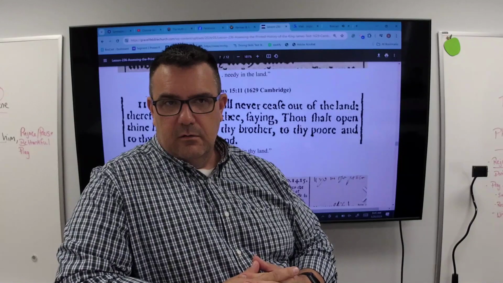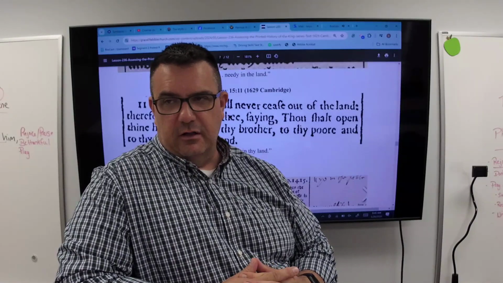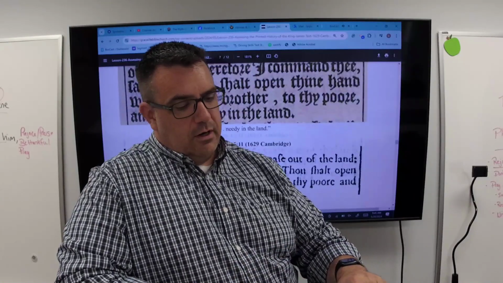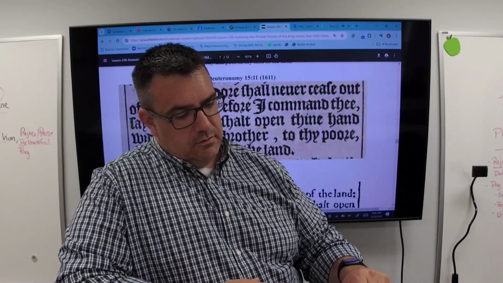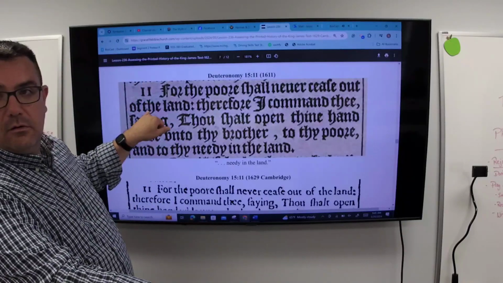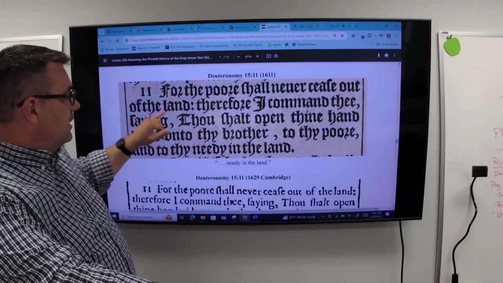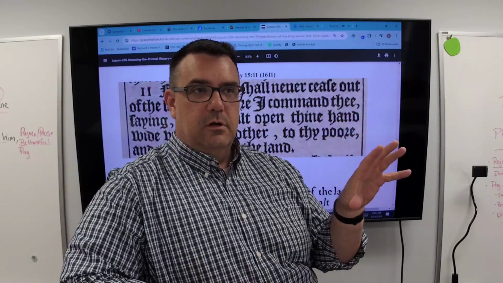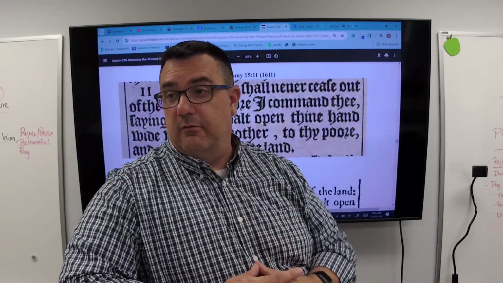So when the 1611 said the land, does that match what it already said above about the land? So would there be anything here that would scream printer error? I'm saying the answer to that would be what?